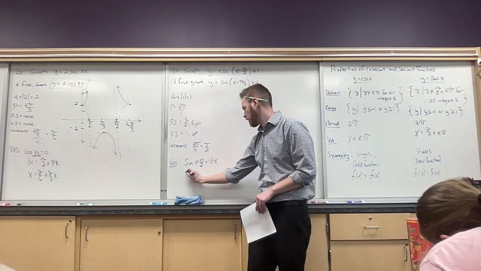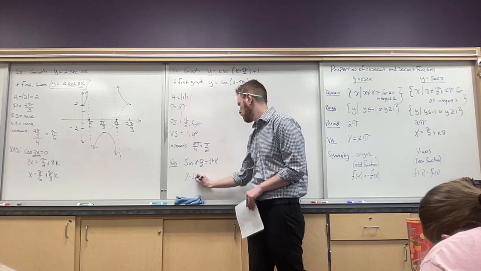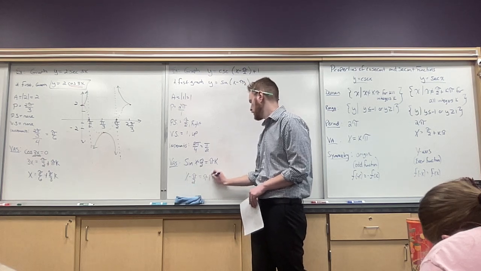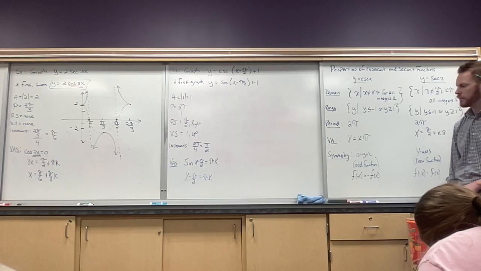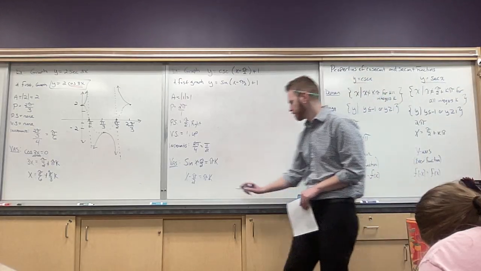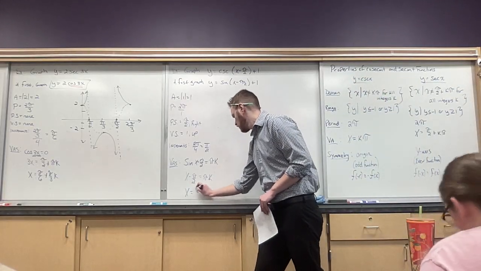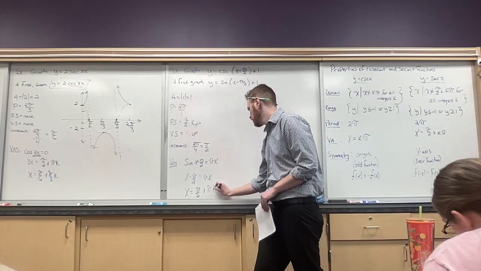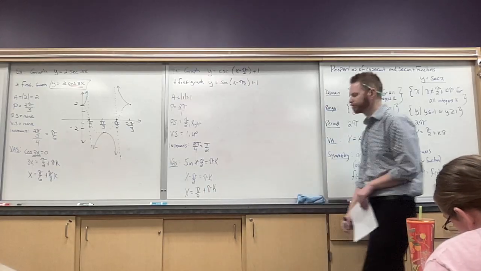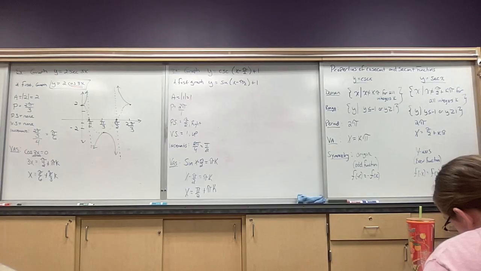I don't need the sine part, I just need to worry about the angle. Add pi over 2 to the other side. So the asymptotes are going to be at pi over 2 plus any multiple of pi after that. So that's where we're going to see those vertical asymptotes located.